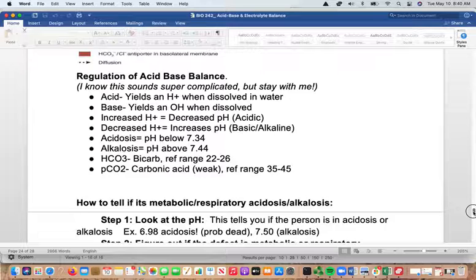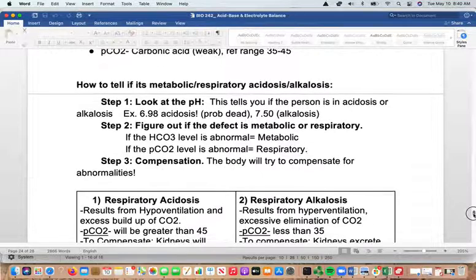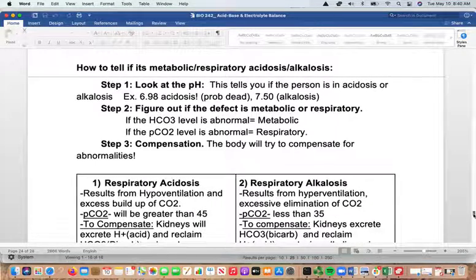So if you're trying to tell if a person is in metabolic or respiratory acidosis or alkalosis, the first step is to look at the pH. So that will tell you if it's acidosis or alkalosis. So 6.98 would be severe acidosis. They're probably dead at that point. 7.5 would be alkalosis.